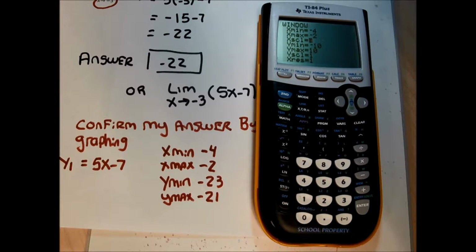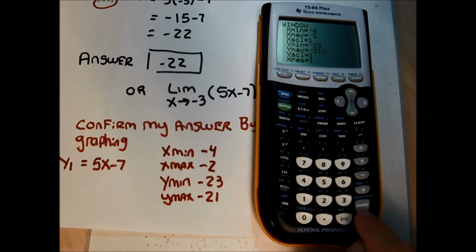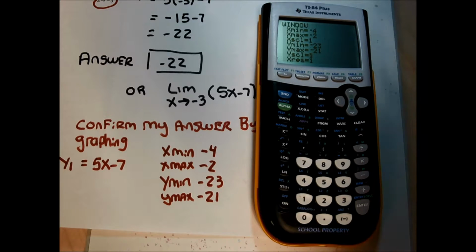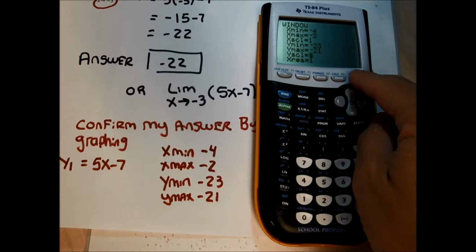And I'm not really 100% certain what it does if I do change it, but I'll never take it off of 1. My y min I'll make negative 23, my y max negative 21. I leave the y scale and x resolution at 1 always. Again, I'm not completely sure what those do, but what they do or don't do won't impact how I'd find my limit.